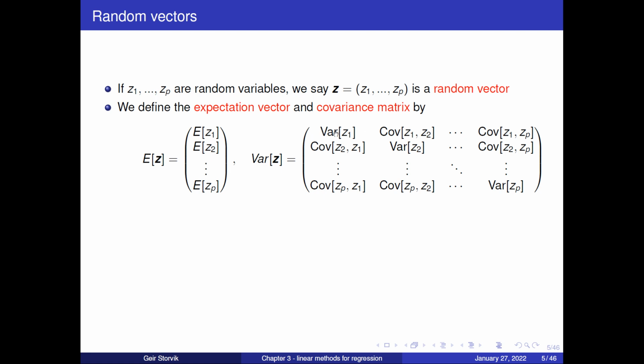So the first component here is just the variance of Z1, variance of Z2, and so on. But then on the off diagonal, we include the covariances. So element 1,2 will be the covariance between Z1 and Z2, and so on. So this is just a way of summarizing the first and second order properties of these random vectors.